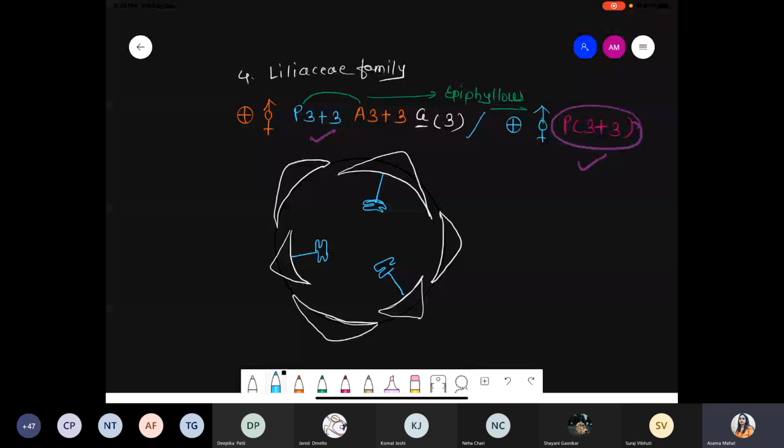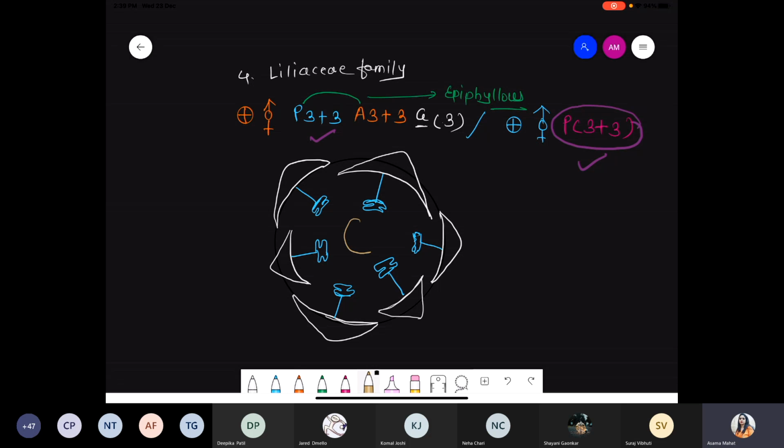These 3 are also attached to the perianth, and they are present toward the outer side. So there is no internal fusion, but they show attachment with the perianth. So 3 plus 3, 3 outer side and 3 inner side. That's it.